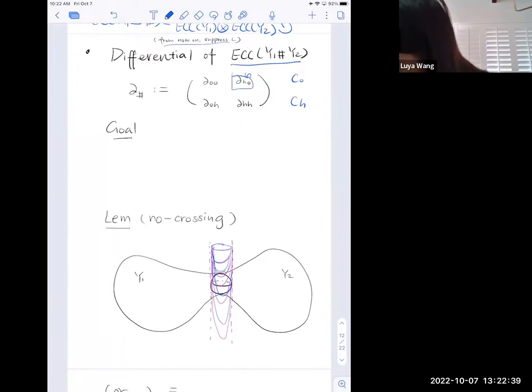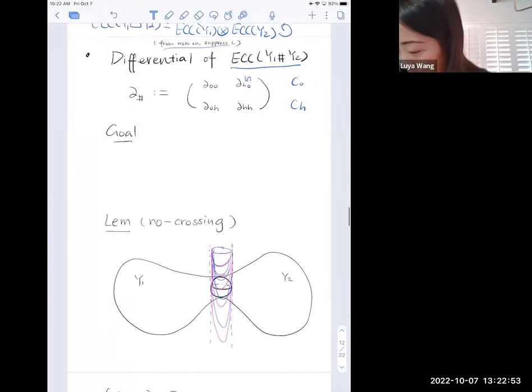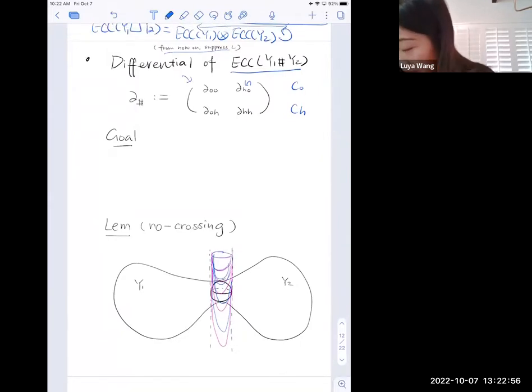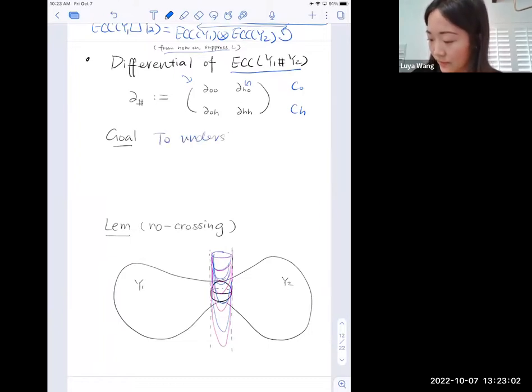This in particular means ECH index 1 curves that have positive end with no hyperbolic orbit and negative end with the hyperbolic orbit. So I just organize it this way. The goal is to understand all these differentials. Oh no, sorry, my pen is out of battery.